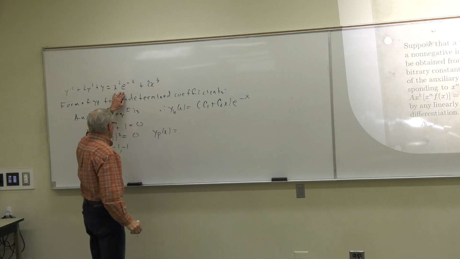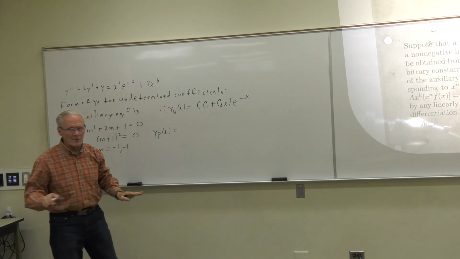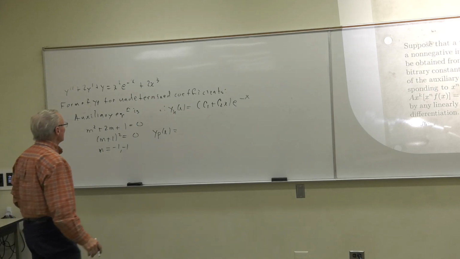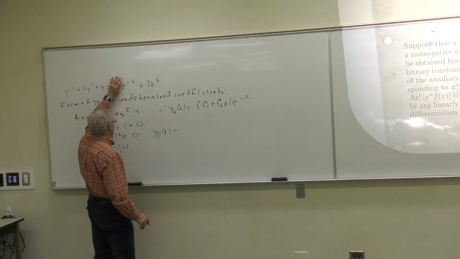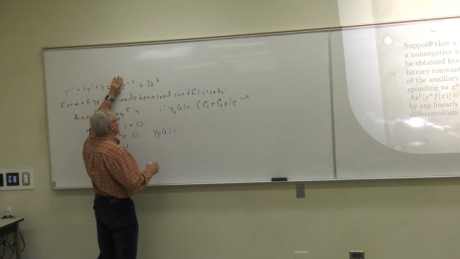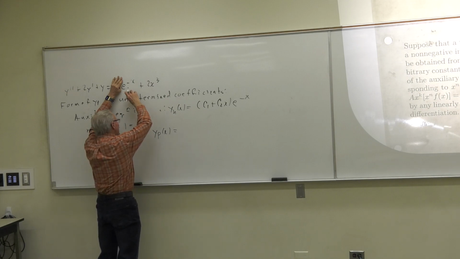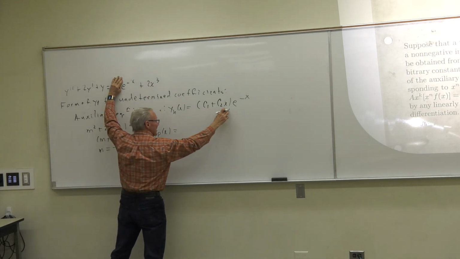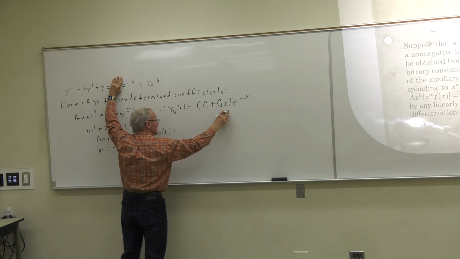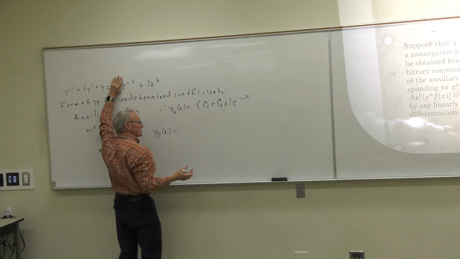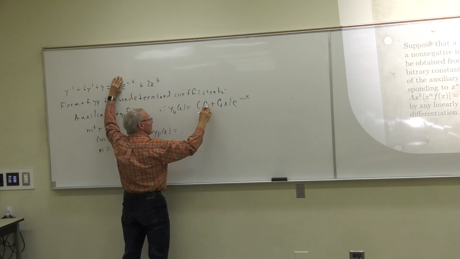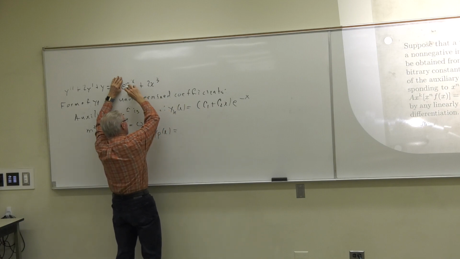Now let's get y sub p. We'll look at that term, and we'll look at that term, and we'll add the results together. For this one, we cover the x squared. You ask, can you get this by specifying the constants in the y sub h? And the answer is yes. Put a 0 there, put a 1 there, and therefore you get this.